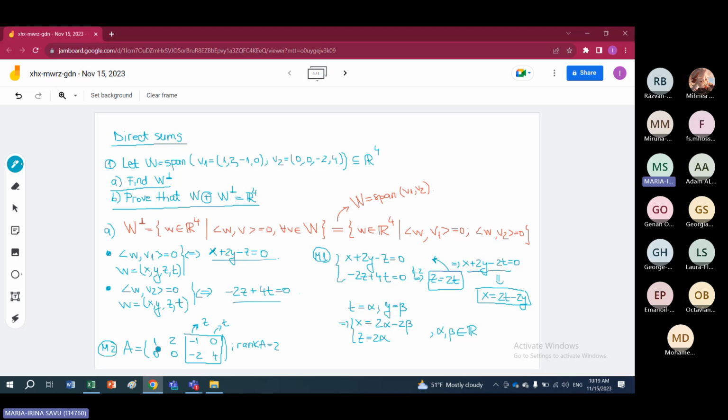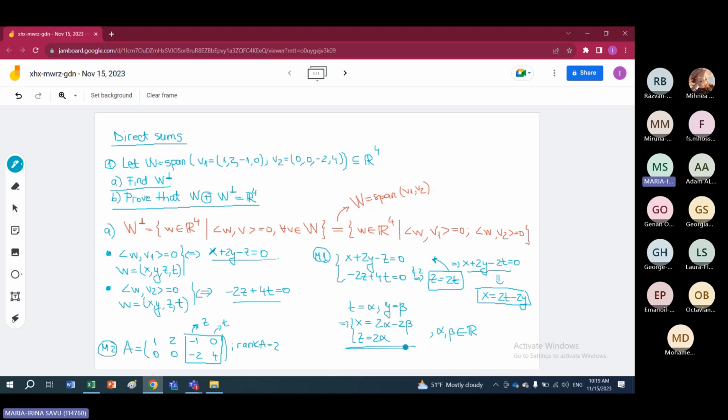Okay, so the idea is to express, for example, x and y using z and t. Here we have chosen this column and this one. So we have expressed x and z using t, but correct. Okay, so another method.